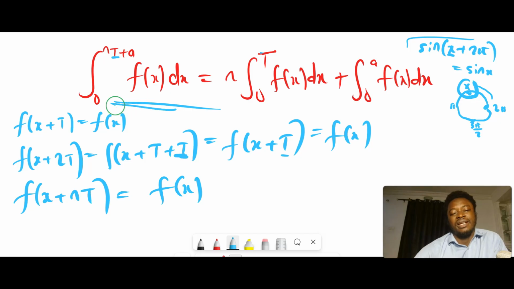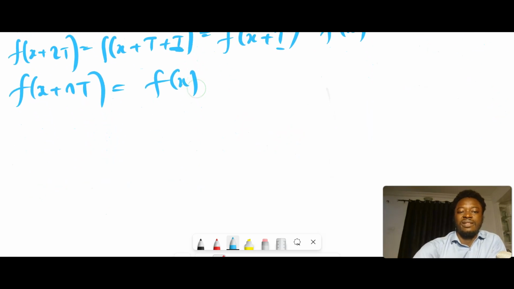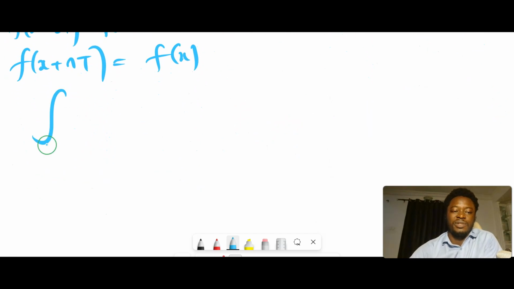So let's start with the left hand side. We have the integral from 0 to nT plus a of f of x dx.